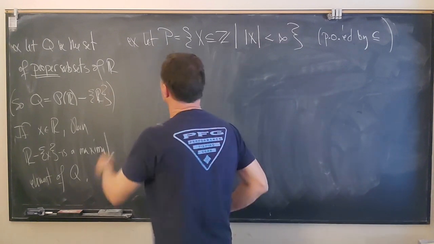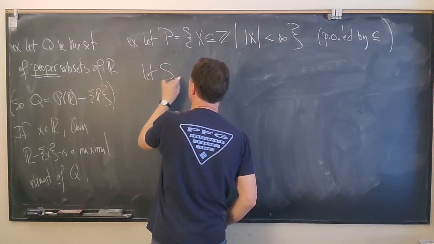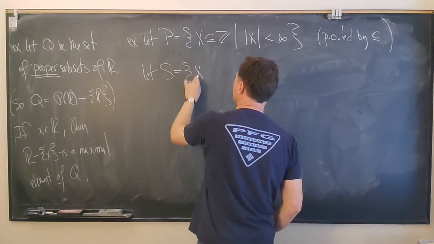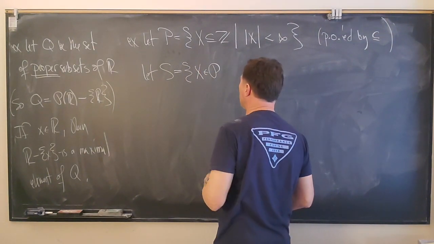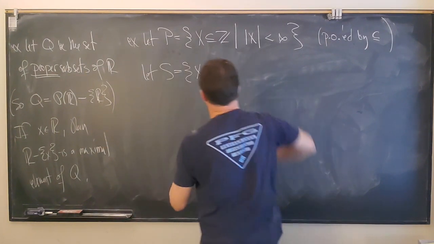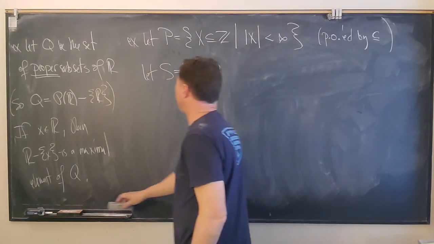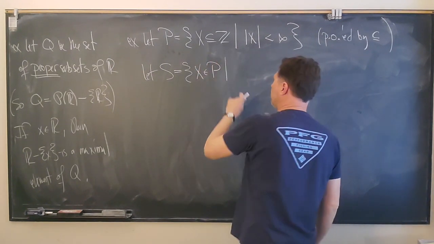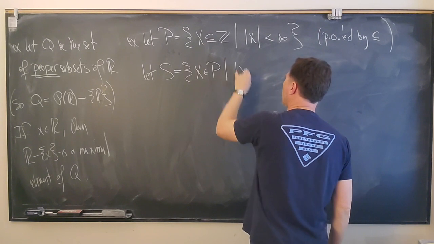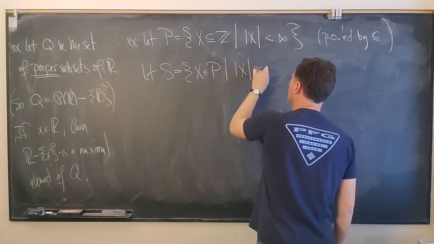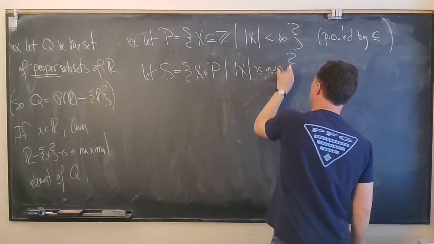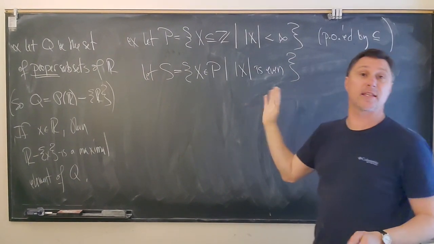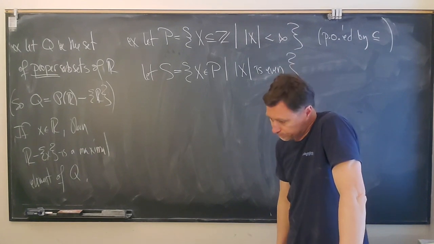And let's let S be the set of all elements of P, meaning a finite subset of the integers, such that the cardinality is even. All right, so take all finite subsets of the integers that consist of an even number of elements.